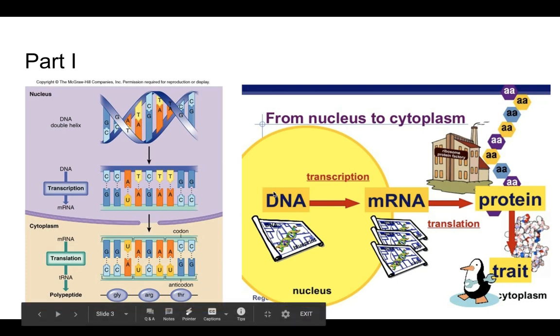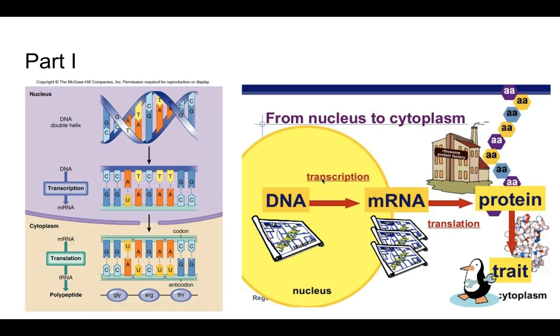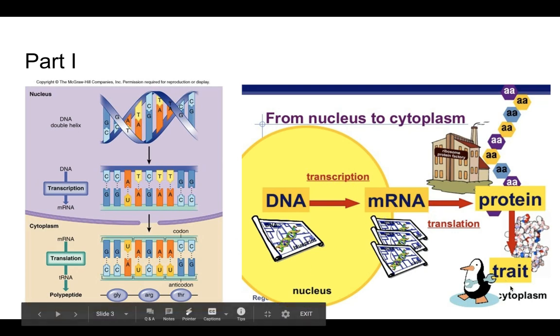So at its simplest form, DNA to mRNA is transcribed, but you must show this happening in the nucleus. The mRNA leaves the nucleus, goes to the cytoplasm, protein is made, and that leads to your trait. So these are two examples that I'm giving you, but this is what part one is.